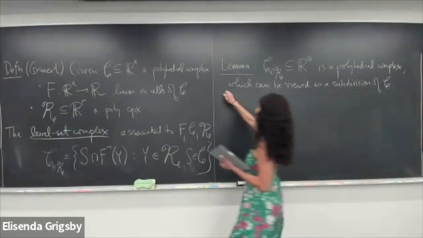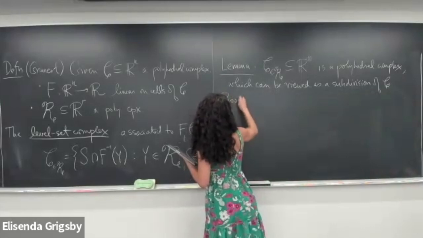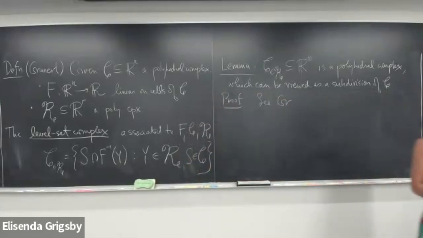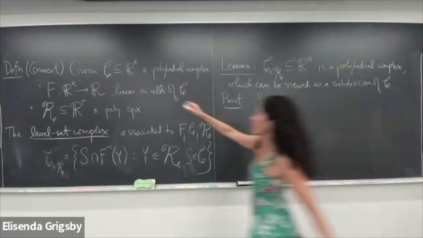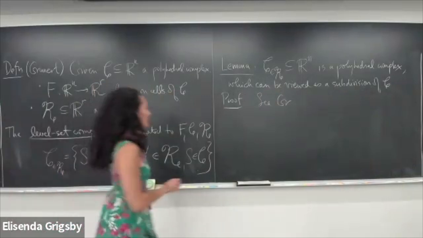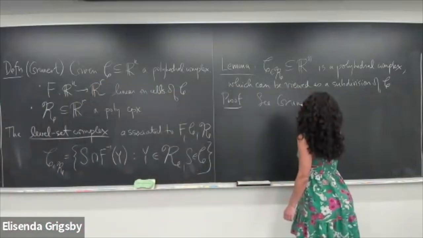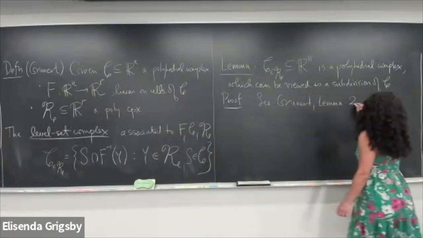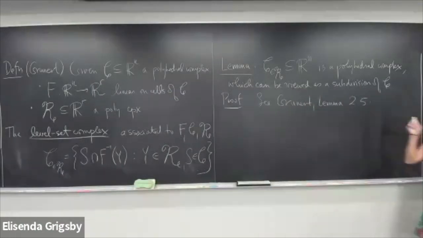And let's say, I'm supposed to go to R^r. Yes, did I not do that? Yeah, here, yes, thank you. So there's this dissertation called PL Morse theory. If you look at Lemma 2.5, this is essentially what this is saying.